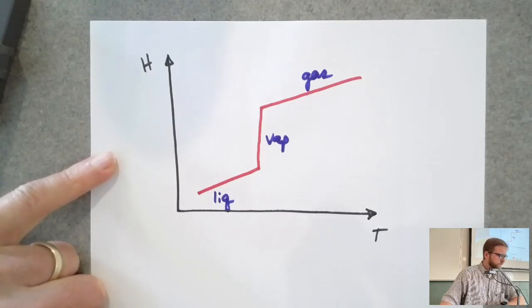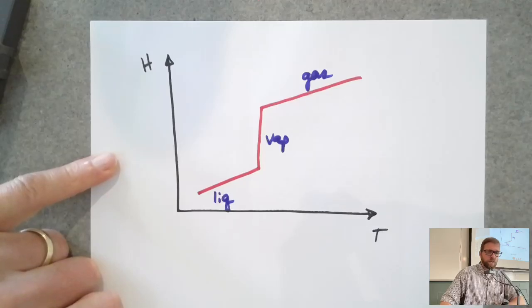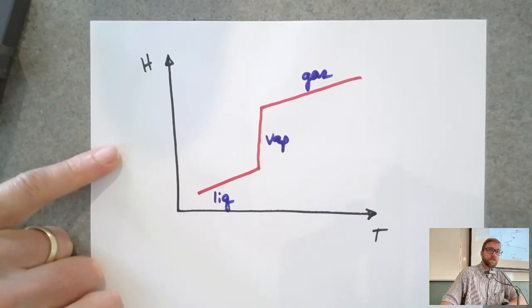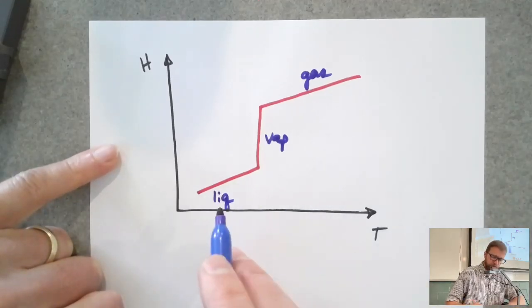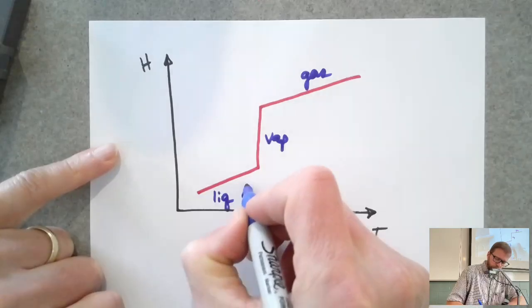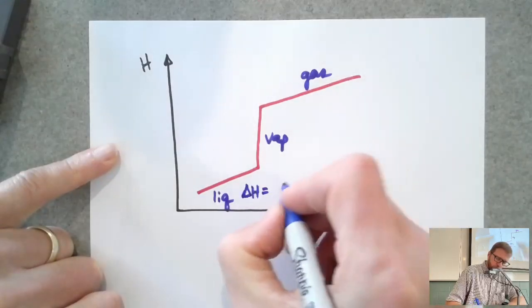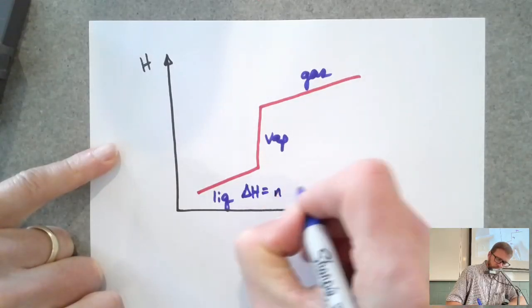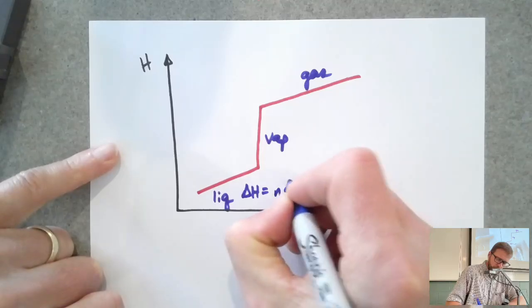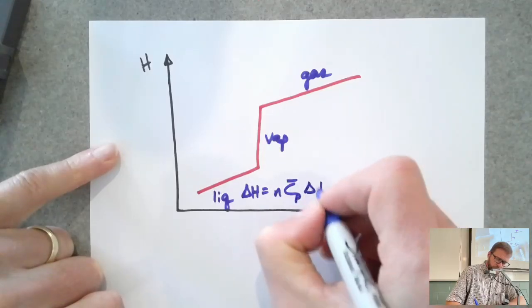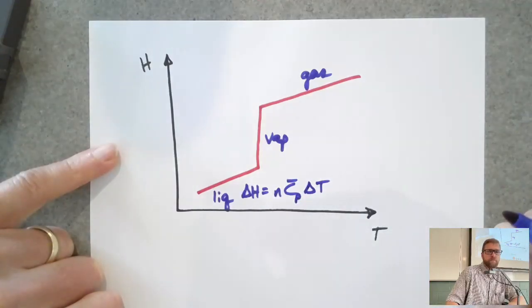And then we said, okay, well, the way that you solve these problems is that you have delta H equals the integral of CP delta T, right?